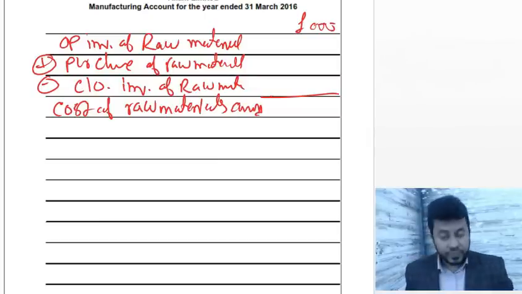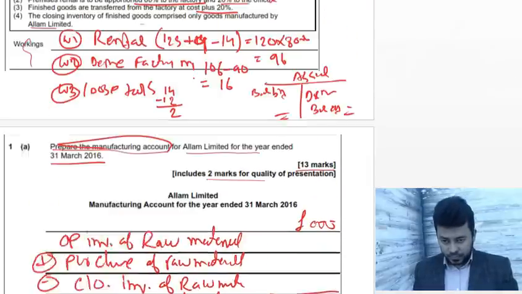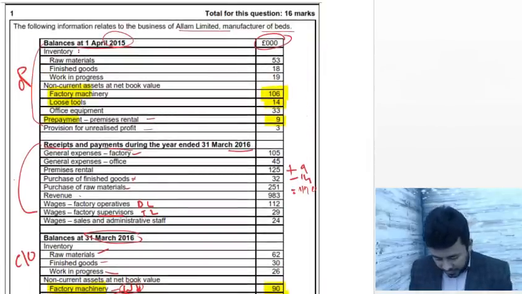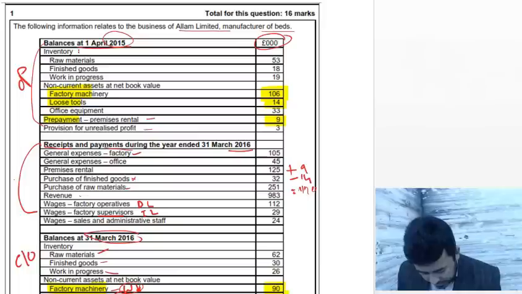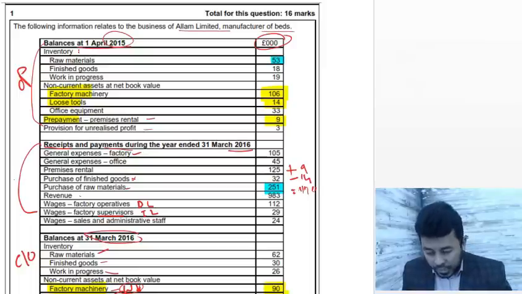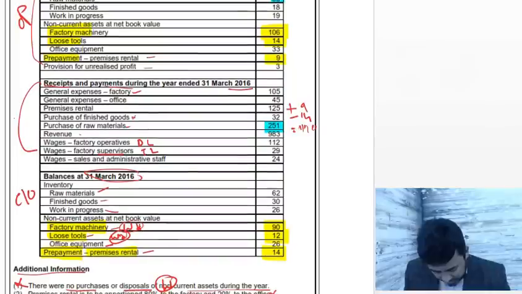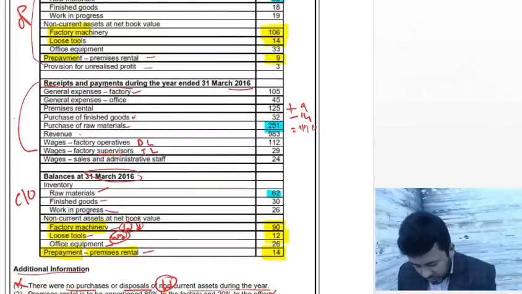All right, let's put the figures from our question. Opening inventory of raw materials is 53, and our purchases of raw materials is 251, and closing inventory of raw materials is 62.